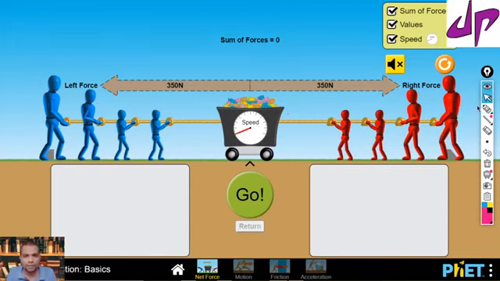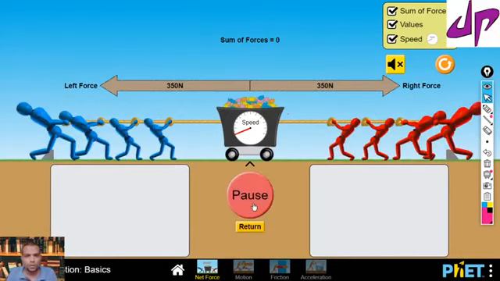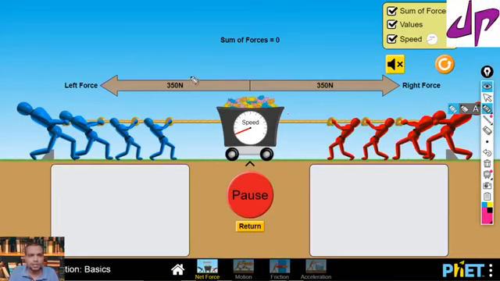Suppose I hit go, now both teams are applying force. They are applying equal force on both sides. You can see it is 350 Newton and 350 Newton. Now in this case, is the cart in motion or at rest?